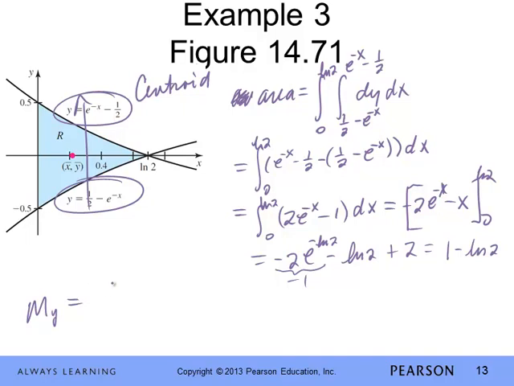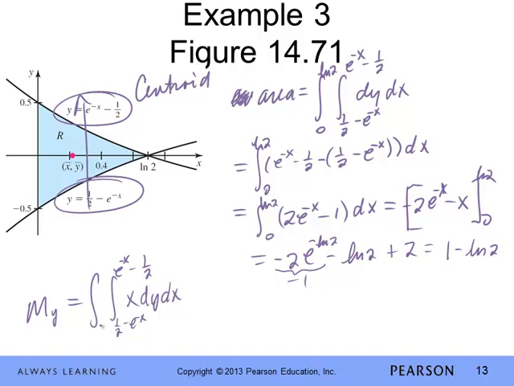Now, you have to do the double integral of x dy dx. Now, remember, y varies between 1/2 minus e to the negative x and e to the negative x minus 1/2.